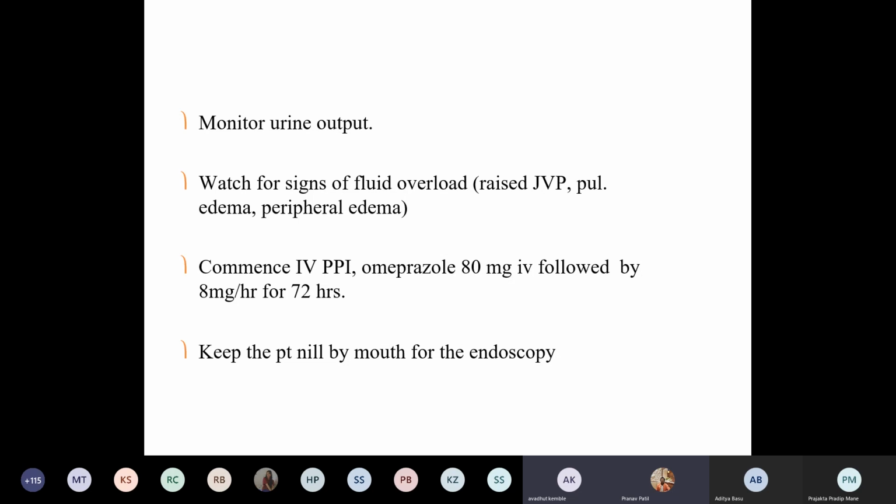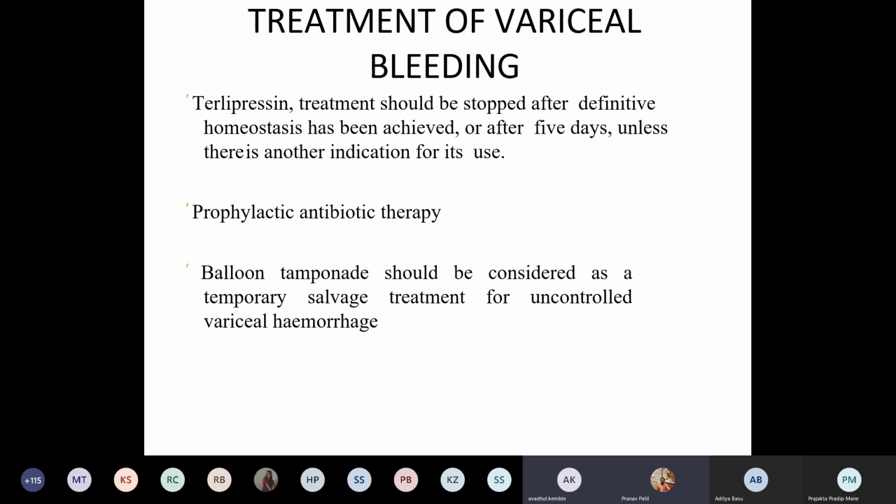Endoscopy could be just a diagnostic one, or you could plan a therapeutic one at the same time. Now, regarding treatment of variceal bleeding, the bleeding is either variceal or non-variceal. Variceal bleeding is usually associated with liver disease, while non-variceal bleeding is where gastric ulcers, peptic ulcers, and duodenal ulcers are involved.